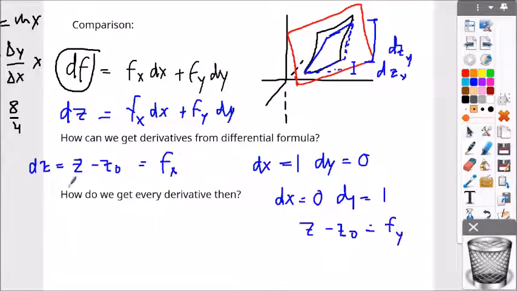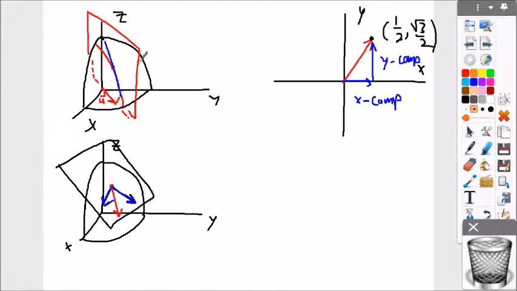So that's how you get every derivative. I just explained it. You have to take a unit vector in some direction, and you have to combine it with f sub x and f sub y in order to get a particular directional derivative. So it kind of goes like this, right?